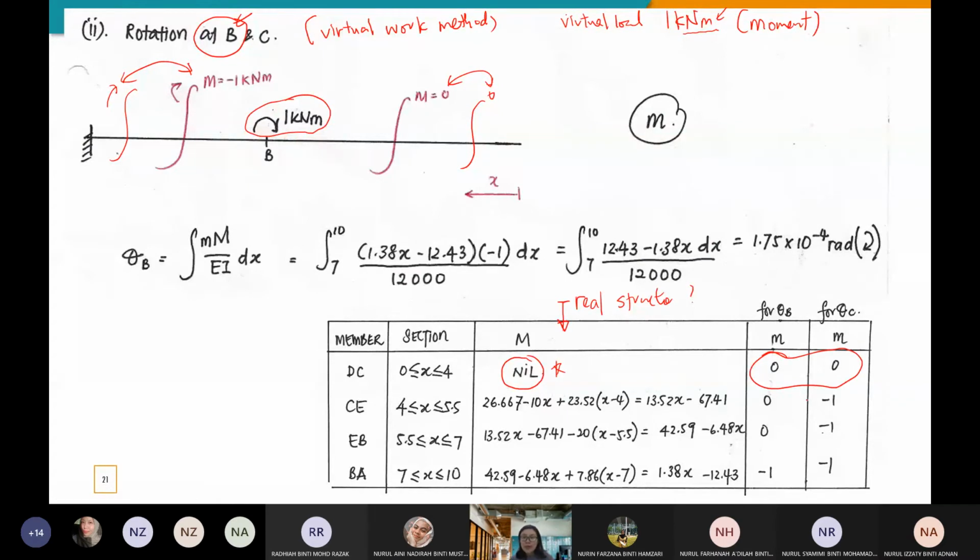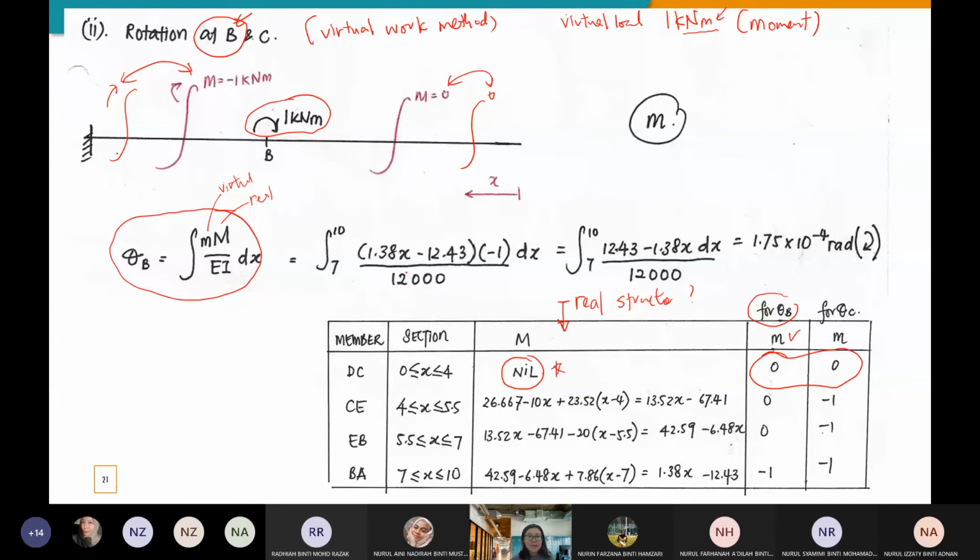Now, once you have formed this delta B, the small m, this is the equation for the virtual work method. The small m is from this virtual structure, and the big M is from the real structure. Not the redundant structure as in your flexibility method.